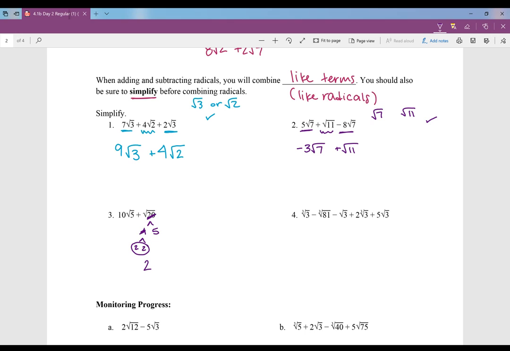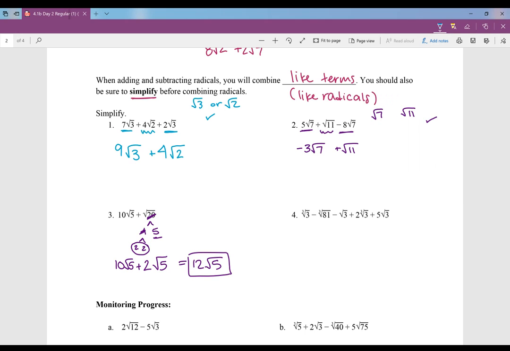So that means we can pull a 2 out front. And then our 5 is going to stay under the radical. And we have plus our 10 root 5 as well. So now, this is why we need to simplify first, because now we have like terms, right? We have 10 root 5 plus 2 root 5. So that's going to be 12 root 5. And that'll be your answer for number 3.